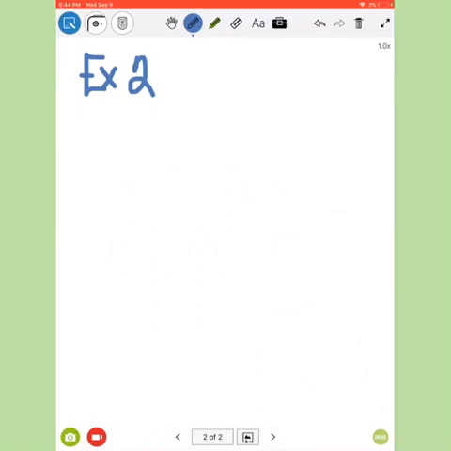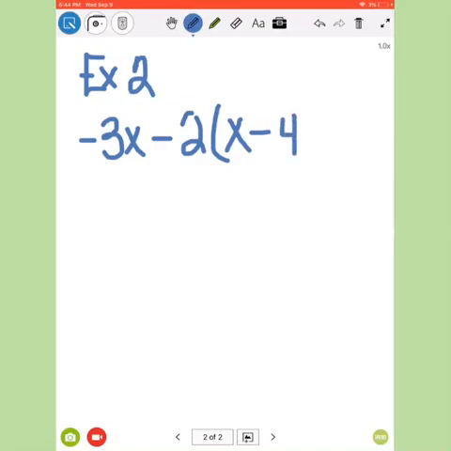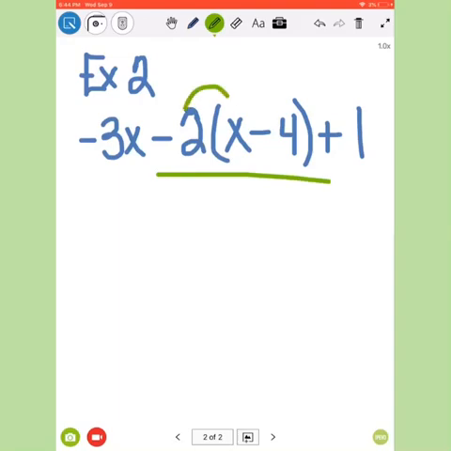So what if we had negative 3x minus 2 parentheses x minus 4 and plus 1. So we got a lot going on here. And before I start combining any like terms, I need to get rid of this parentheses here in the middle. So anytime we have a number in front of a parentheses, remember we always want to use the distributive property and distribute that in there.